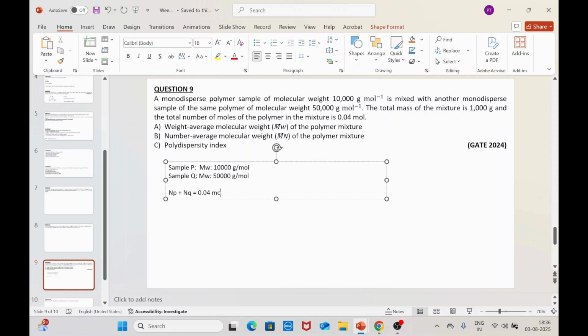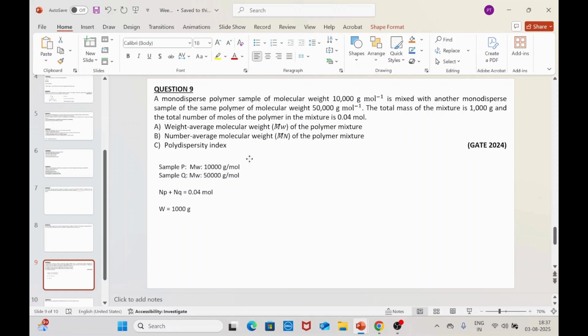0.04 moles, and it is written total weight of the mixture, total mass of the mixture, W is 1000 grams. So I hope people will now have an idea on how to calculate this, what this W represents.